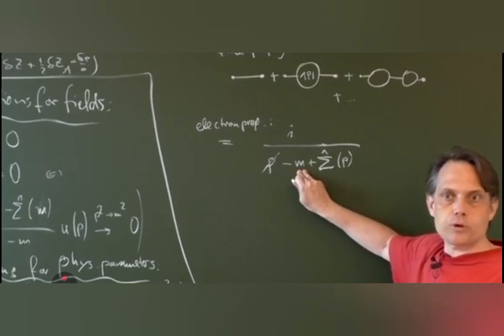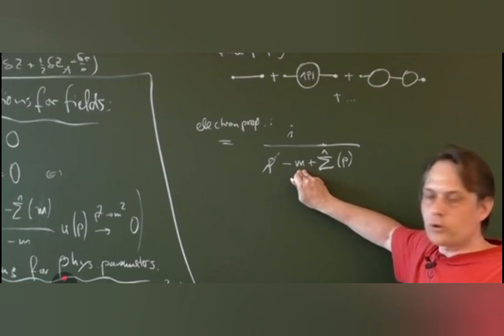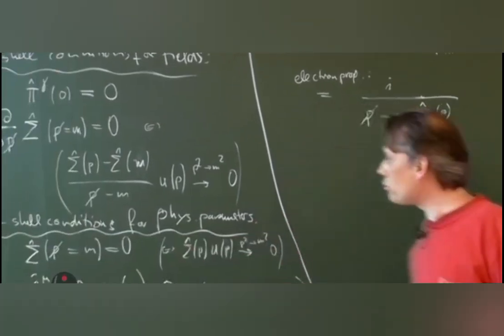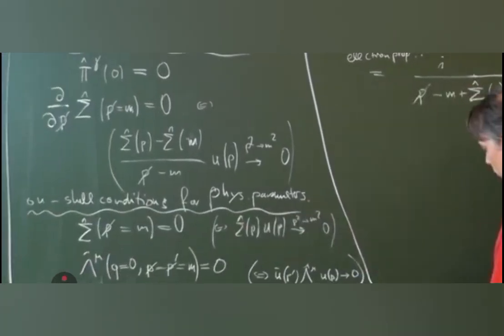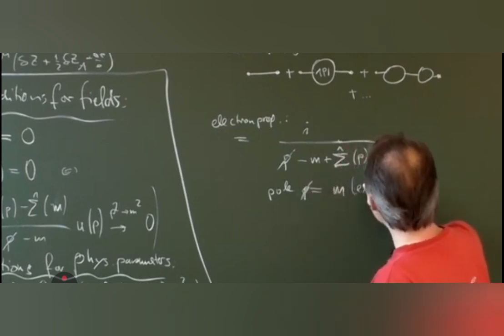And that is now not a tree-level statement anymore, but it is an all-order statement by virtue of the on-shell renormalization condition. So the pole is at p slash equal to m exactly.